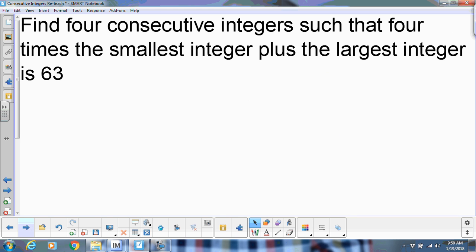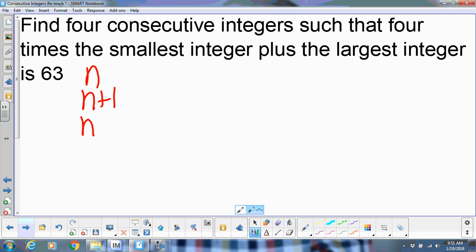All right, and the last one, I believe, 4 consecutive integers such that 4 times the smallest integer plus 3 times the largest integer is 63. Okay, 4 consecutive, so that's n, n plus 1, n plus 2, and n plus 3. Like I said, everybody should be able to write those symbols out. No matter what the rest of the problem says, you should at least have your symbols written.